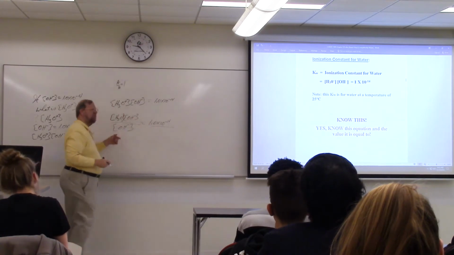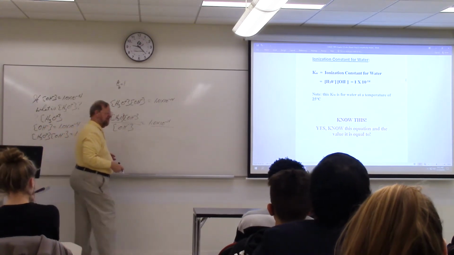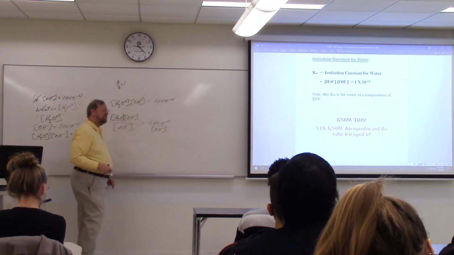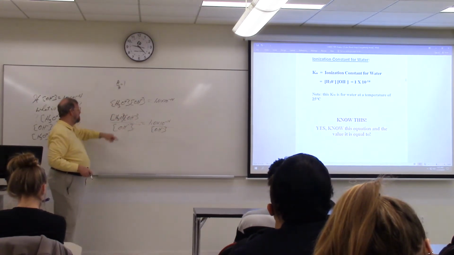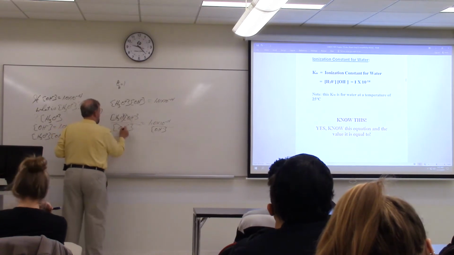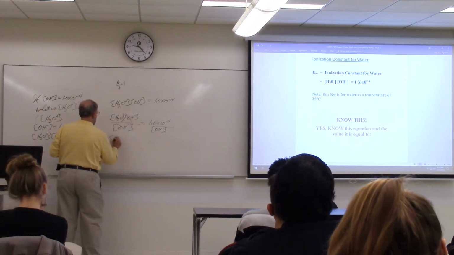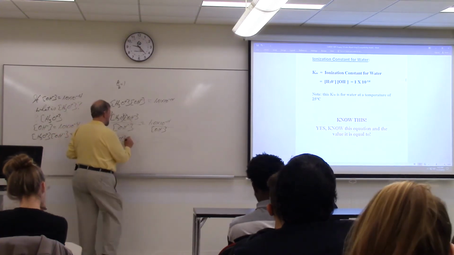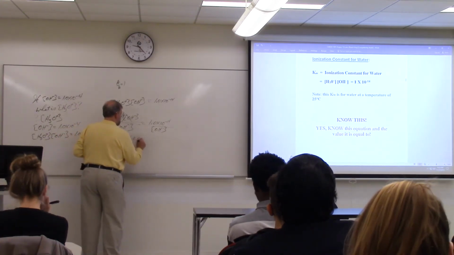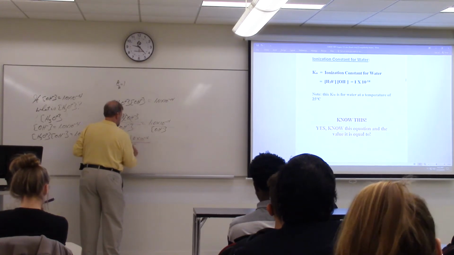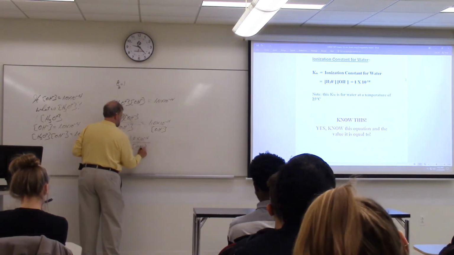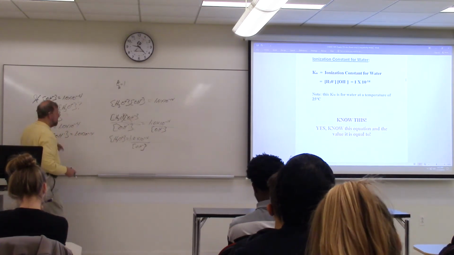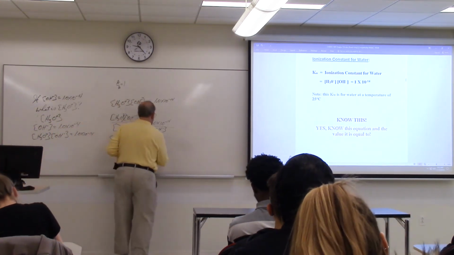Well, whatever I do to one side, I have to do to the other. So I will. Anything divided by itself becomes 1, times anything is that anything, in this case, hydronium ion concentration. And now it's equal to this. And I know what the hydroxide is, so I can put that in.